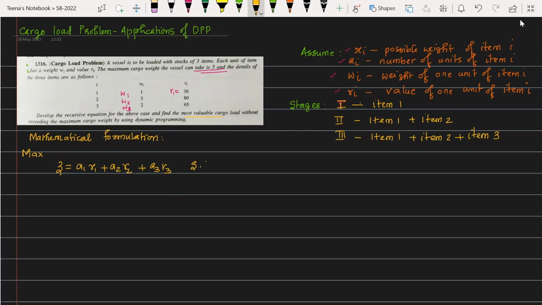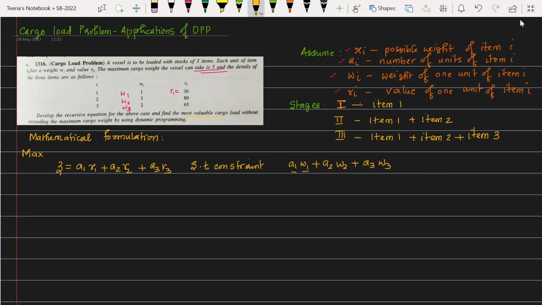So we need the constraint, subject to the constraint A1 W1 plus A2 W2 plus A3 W3. So what is this A1 W1? A1 W1 is the total possible weight of item 1, because W1 is the weight of 1 unit of item 1. A1 is the number of units of item 1.